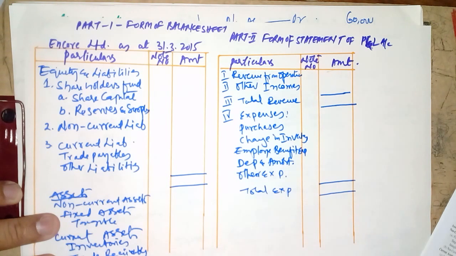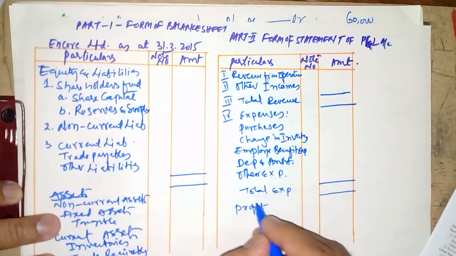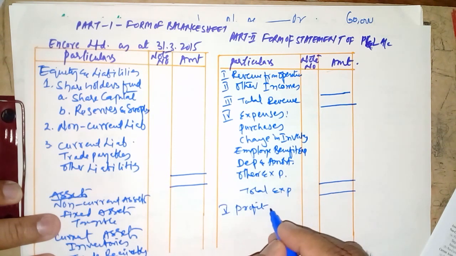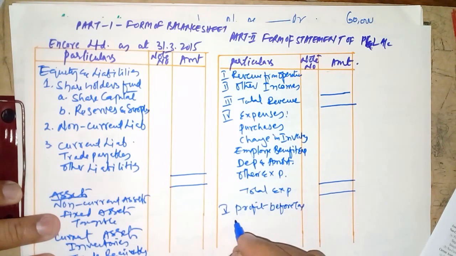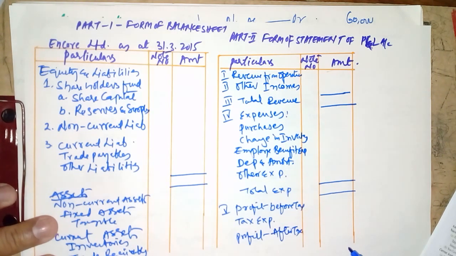then we don't have exceptional items and extraordinary items, right? So we write directly profit, so this is 5, we write profit before tax, tax expense, then profit after tax, right?